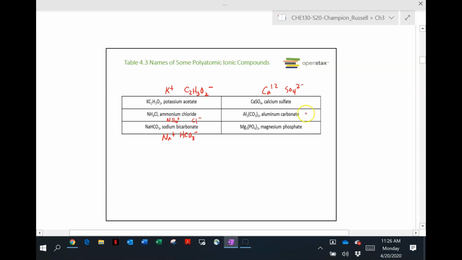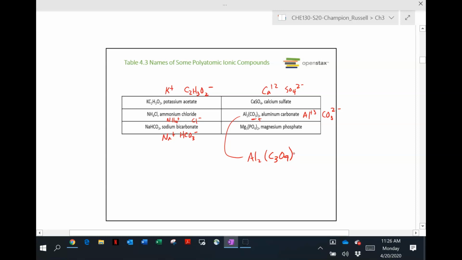Aluminum carbonate, aluminum is +3. The carbonate ion is CO3 2-. Notice how we use the parentheses here to indicate that we have 3 of those CO3 groups. Again, what that essentially would translate to is Al2C3O9 if we multiplied that through.